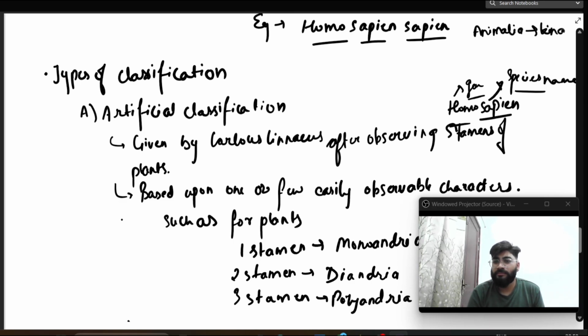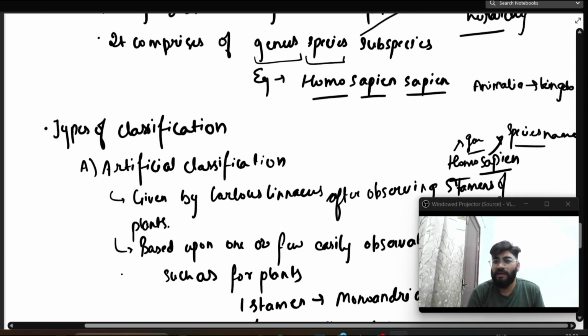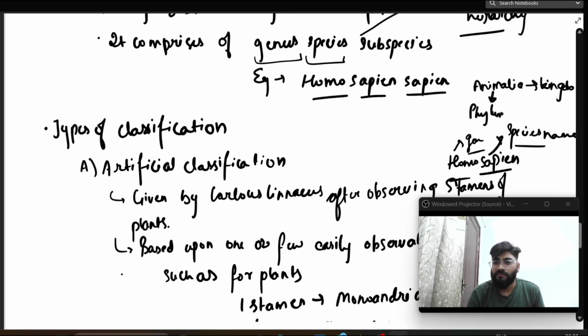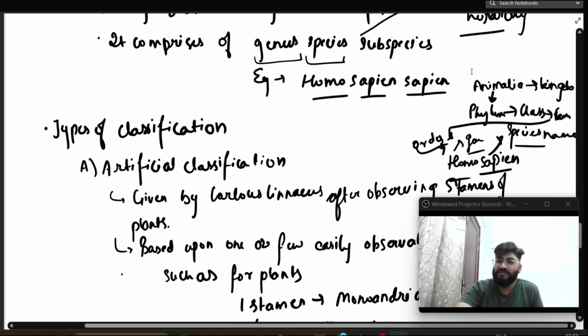Then we have smaller categories going on. After kingdom, we have phylum. Then we have class, then family, then order. Then we have more subcategories that we are going to discuss in later classes. So there is a taxonomical hierarchy going on.